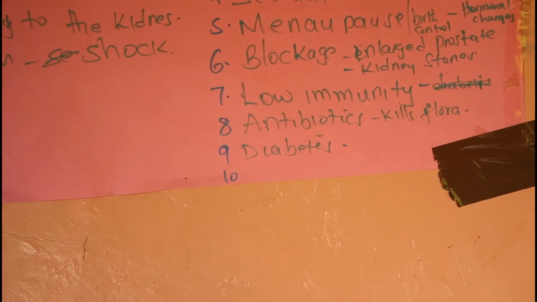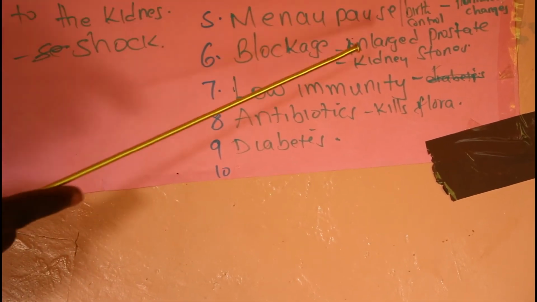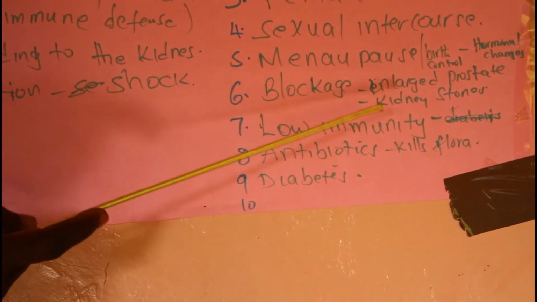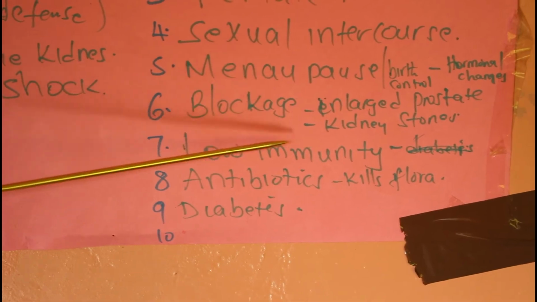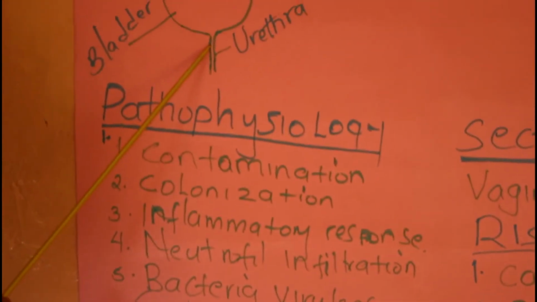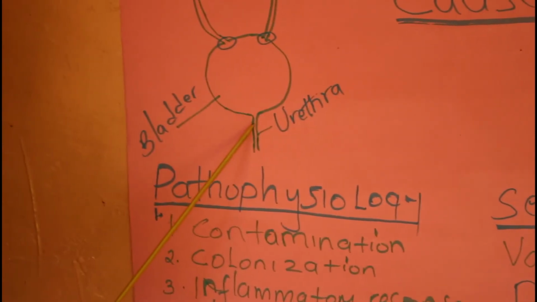The sixth point here is blockage. Blockage comes in these positions: when you have an enlarged prostate gland, and also kidney stones. Earlier I said that along the urethra we have prostate glands.